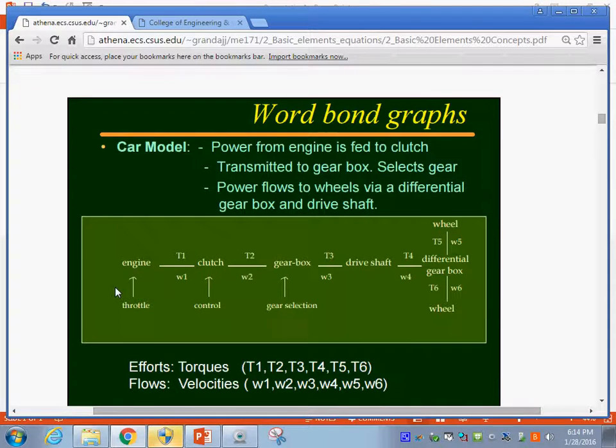We also have a situation where the engine connects to the clutch, even if it's a manual, or even if the car is an automatic transmission car, it will connect this way.